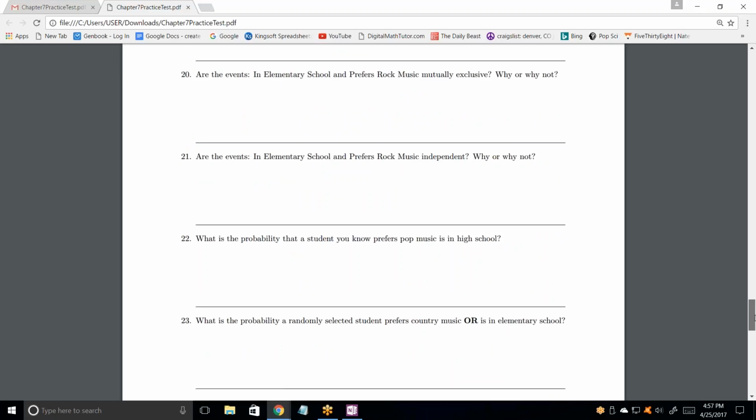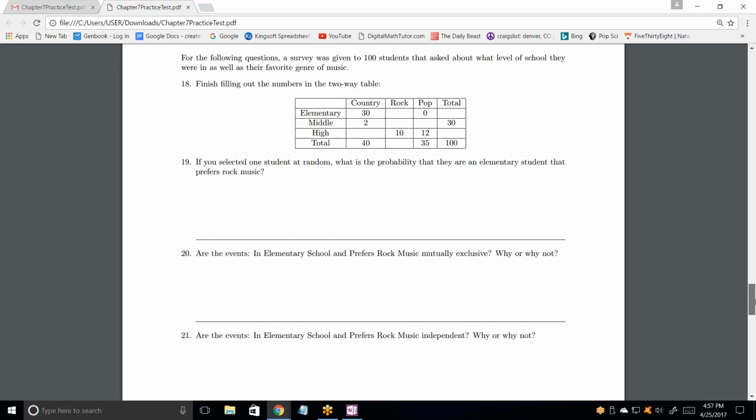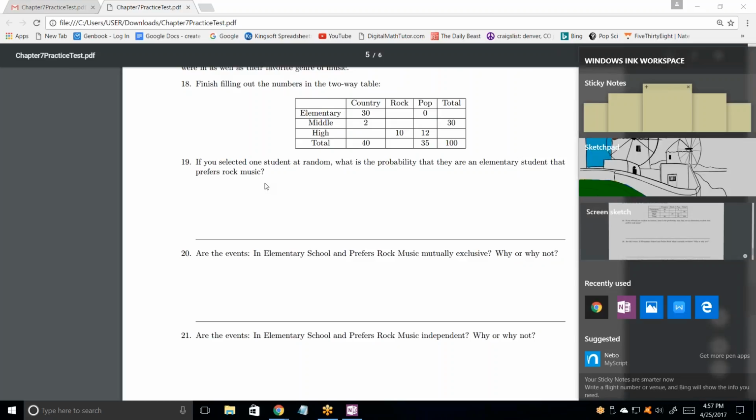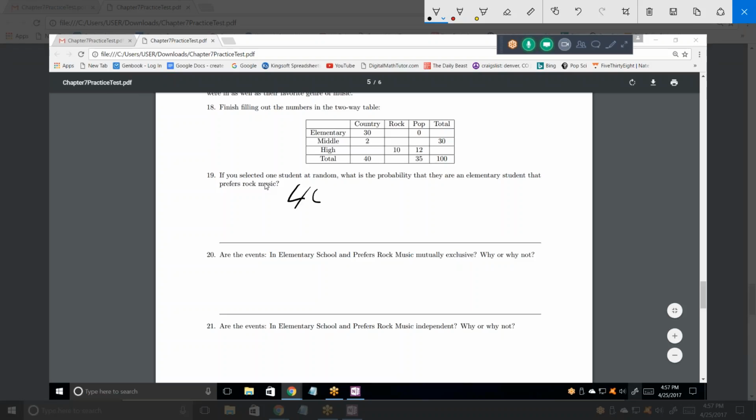What's the probability a randomly selected student prefers country music or is in elementary school? Well, first of all, a randomly selected student that prefers country music is 40 out of 100. And elementary is also 40 out of 100. Or means that.